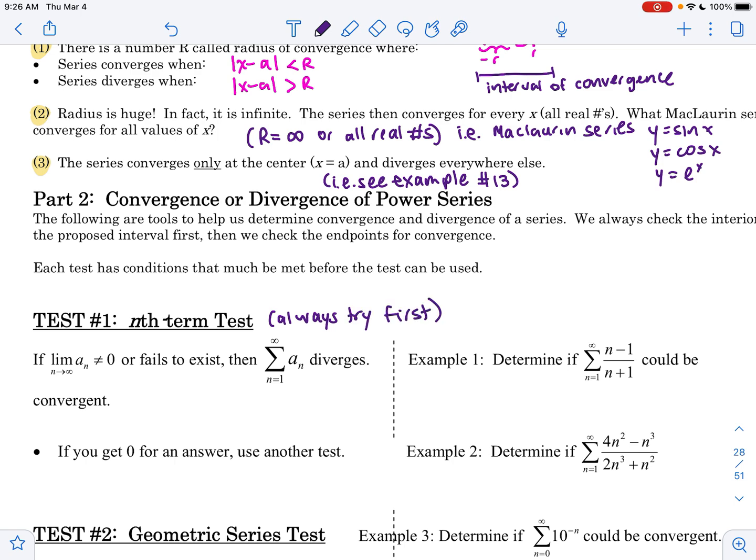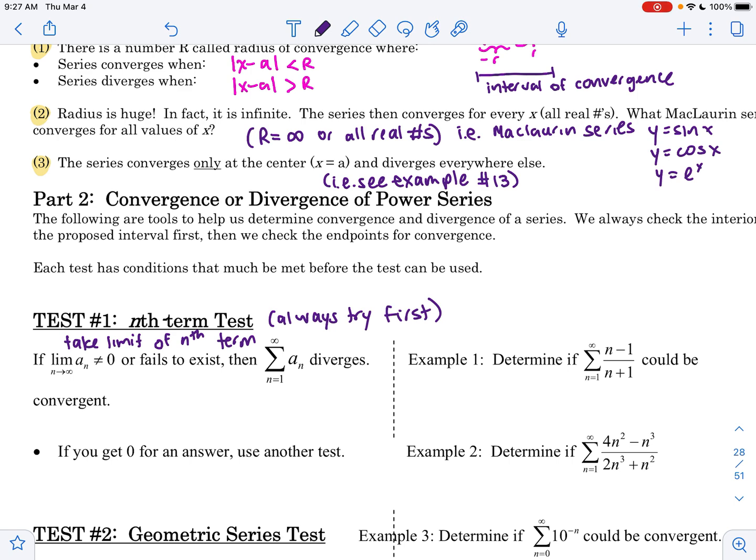Okay, so for the nth term test, what you're going to do is basically take the limit of the nth term. And what we find is that if you get any value aside from 0, your conclusion is that it's divergent. Okay, so it's called the nth term test.